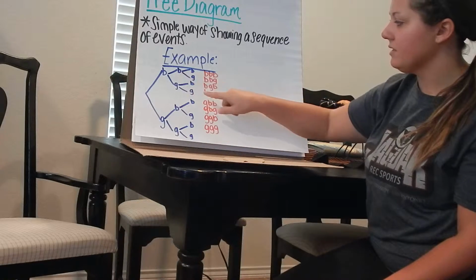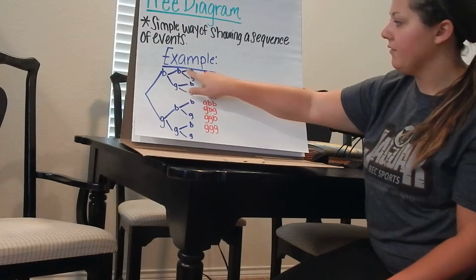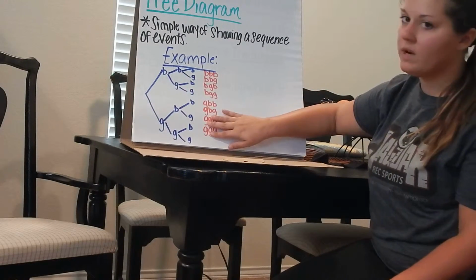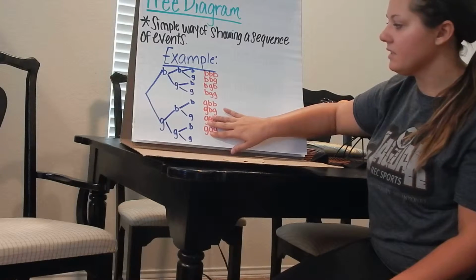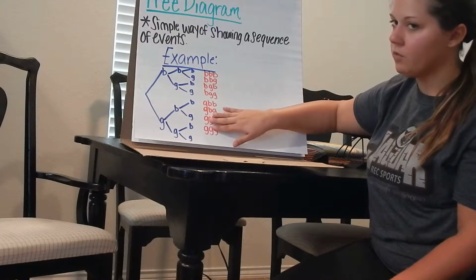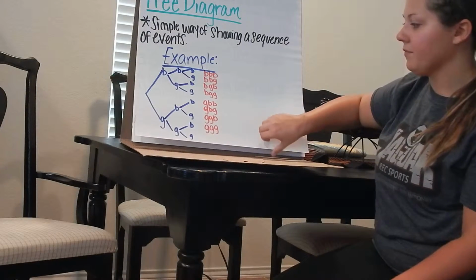See how it sequences it? And then you can conduct the outcomes here by following the sequence. So this is just one example of a tree diagram. There are many examples, as you will see, that you can create. You can do it in word form. You can create visuals for your tree diagrams as well.